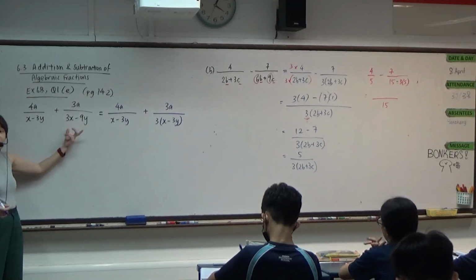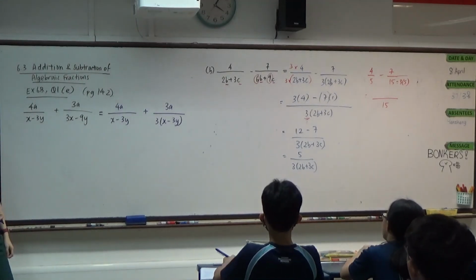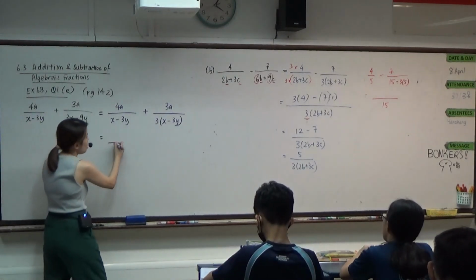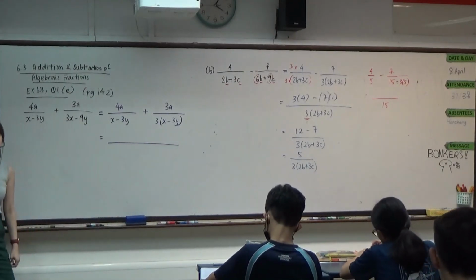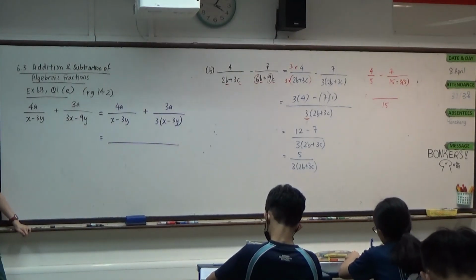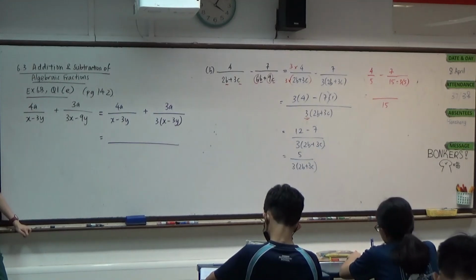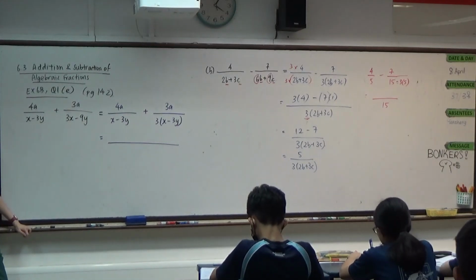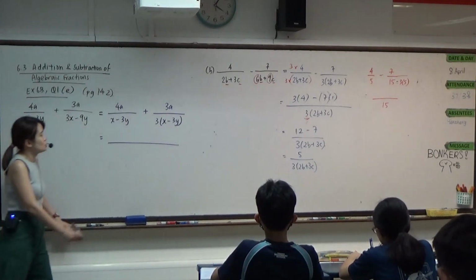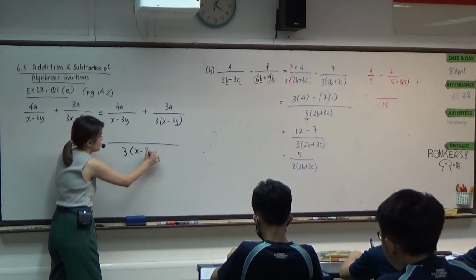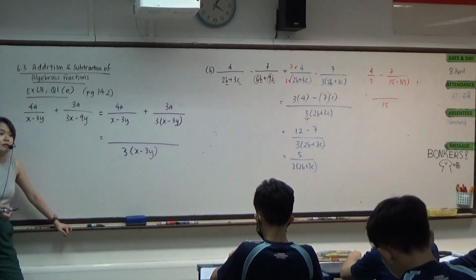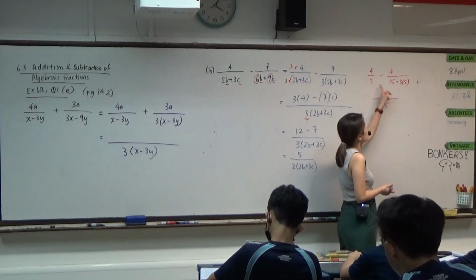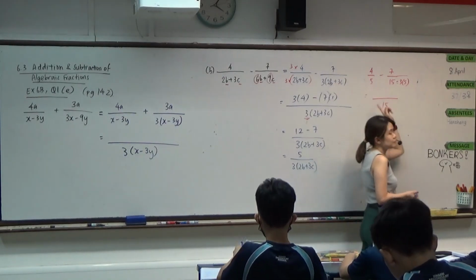So the skill here is to factorize first. Then, what will the common denominator be? The lowest common multiple. 3 bracket x minus 3y. Yes, right. So it's just like this idea, how we take the 15, we don't take the 5, when this is a multiple.